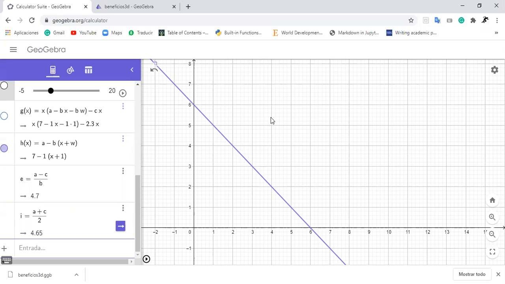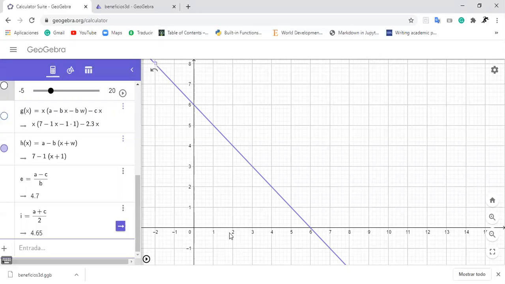For example, in the x-axis, we have quantities, and in the vertical axis, we have prices, okay? So for example, if the quantity in the market is about 4 units, the price is going to be around 2, okay? Also, if the quantity in all the market is 3 units, the price that allows to buy these 3 units in the market is going to be 3, okay?